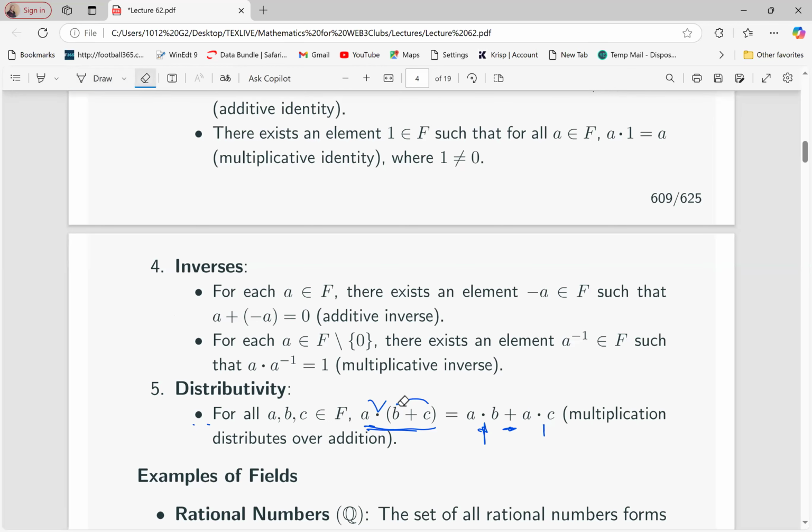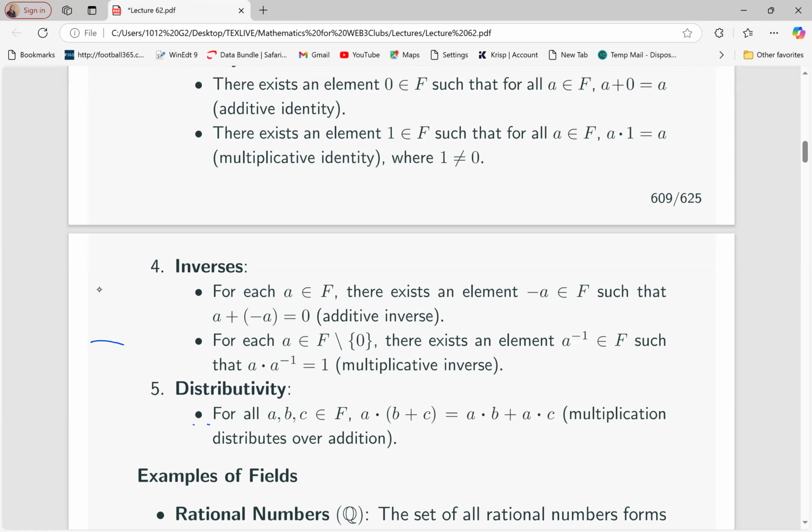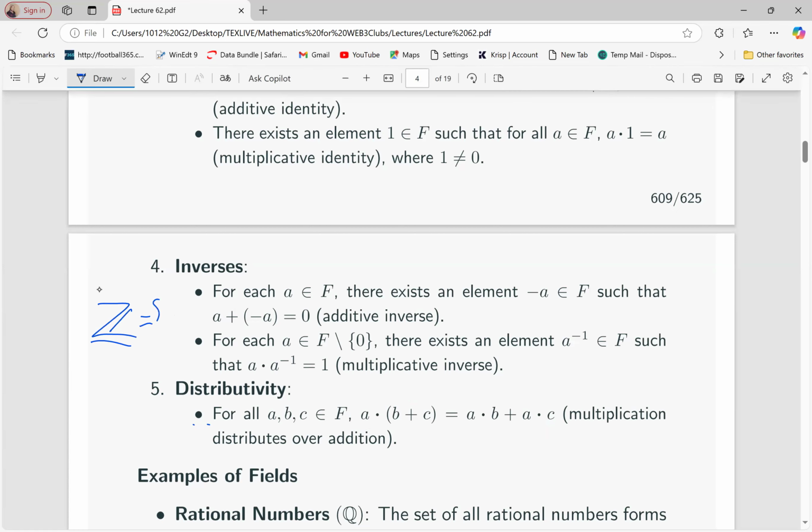Now let me ask a question here so that we are familiar with what we are doing. Want to check whether the set of integers is a field. By the set of integers, I mean elements -4, for instance, -3, -2, -1, 0, 1, 2, 3, and so on.